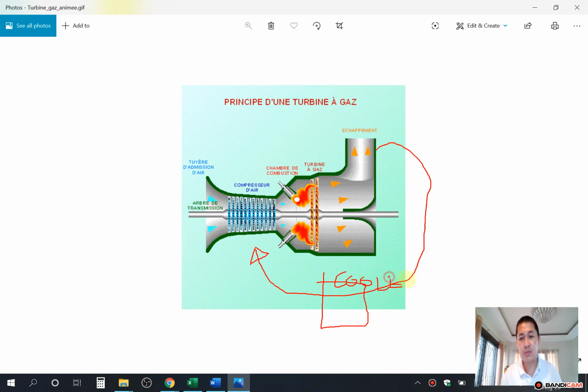There is also a heat exchanger for the closed cycle, but for the open cycle, this component is not found. So here there is also a cooler for the closed cycle. So cooler also.